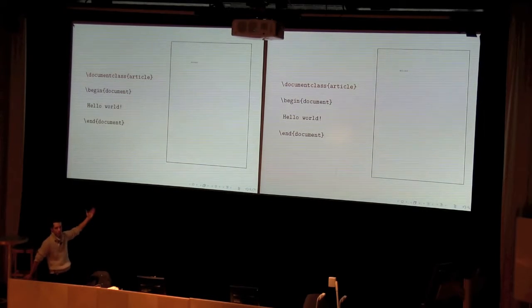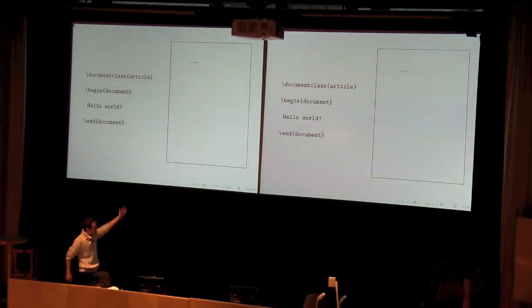You have backslash, the name of the command, and then an argument between curly braces. This is the class you want to use. The class is what defines how things will look by default. So this is the first line of every TeX file. You write it, and then you forget about everything else.